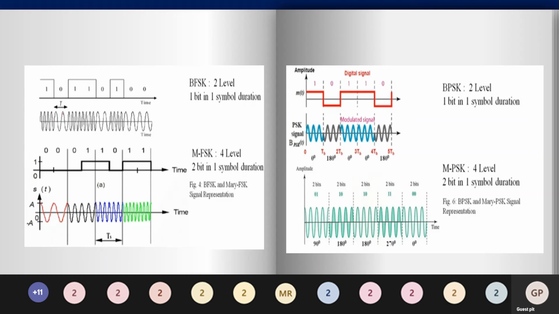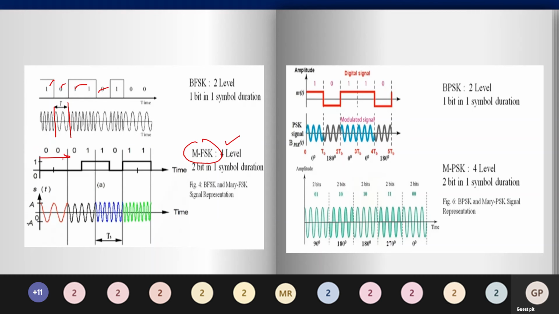In BPSK we have taken separate logic data, and for separate data we have used different carriers. For logic 1 the number of cycles is more, and for logic 0 the number of cycles is lesser. Whereas in MFSK, for 4 levels, 2 bits have to be grouped.